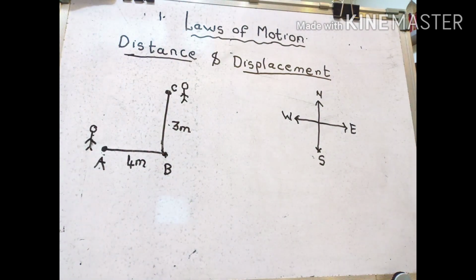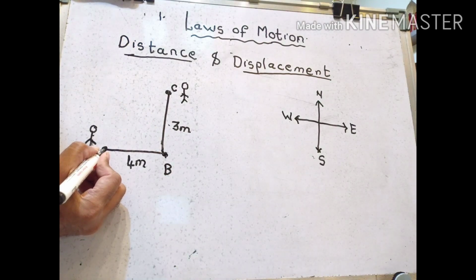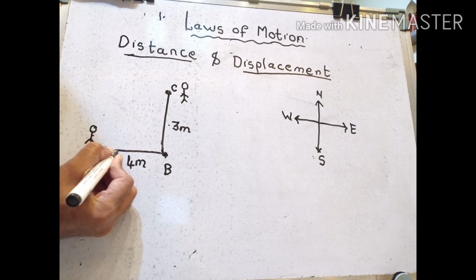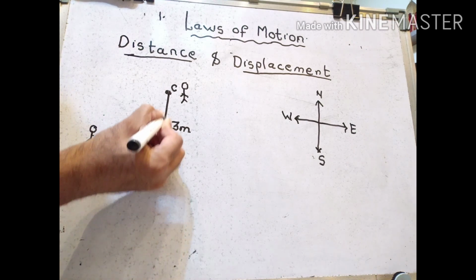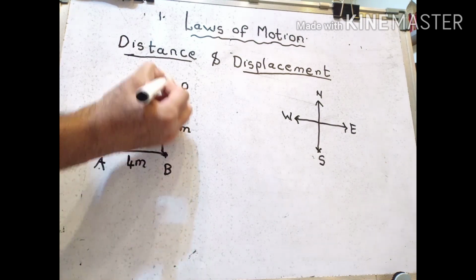So now let us see the distance covered by the person. The distance covered by the person is the actual length of the path along which the person has traveled. The person has walked on this road to reach here, right? So this is the actual path followed by the person.